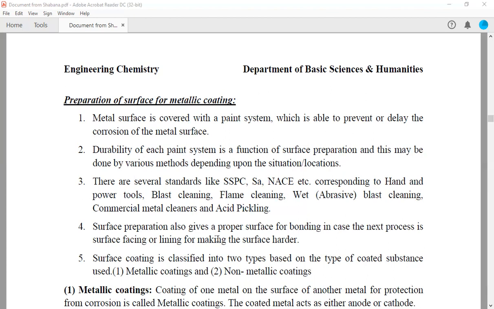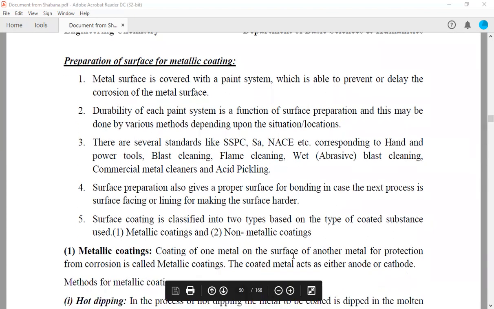Coming to the first one, that is metallic coating. Coating of one metal on the surface of another metal for protection from corrosion is called metallic coating. The coated metal acts as either anode or cathode.